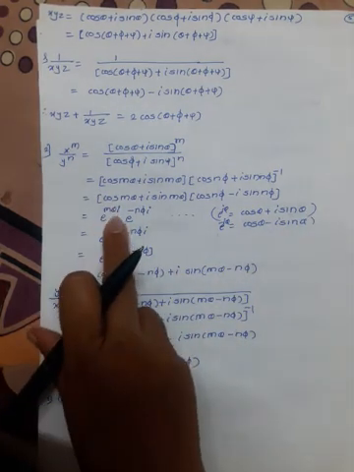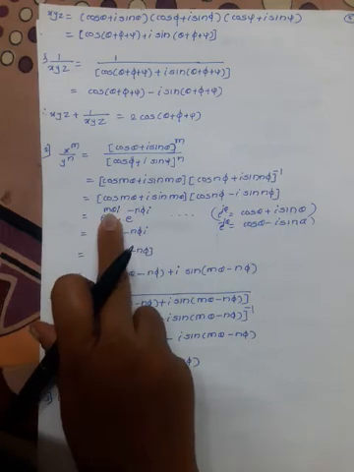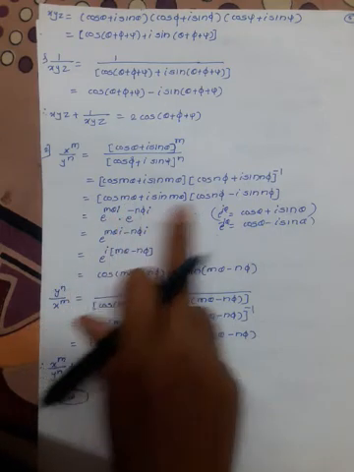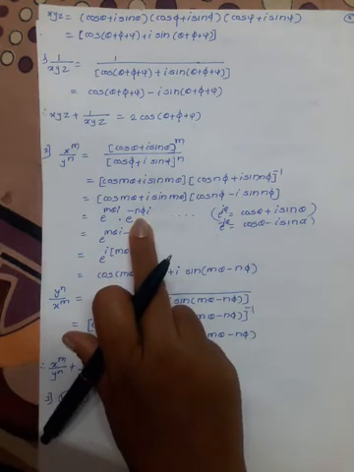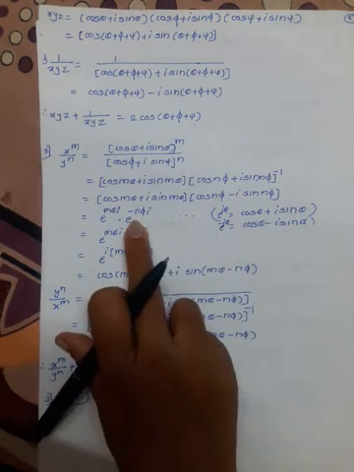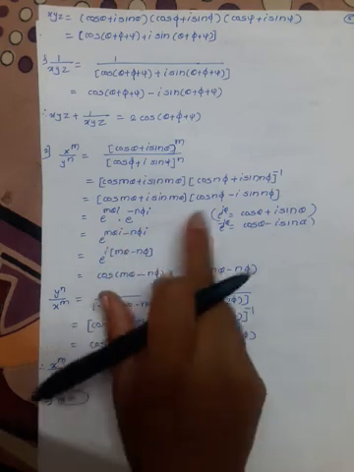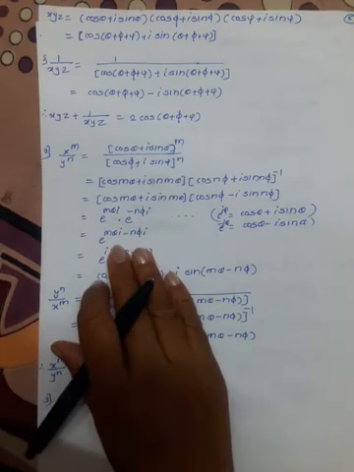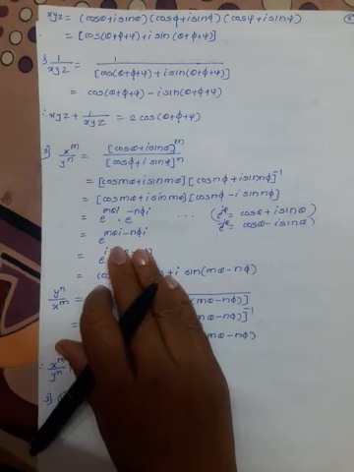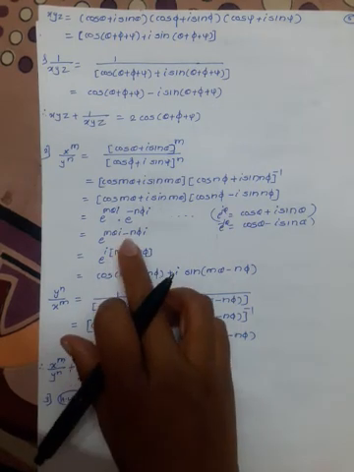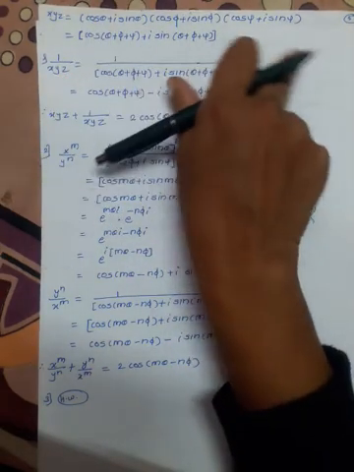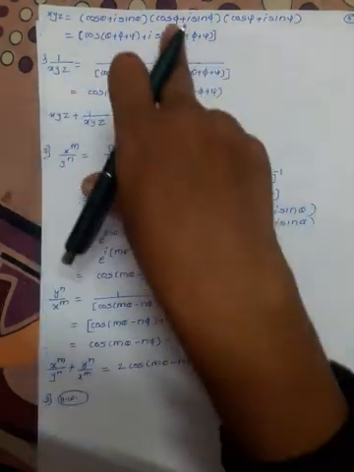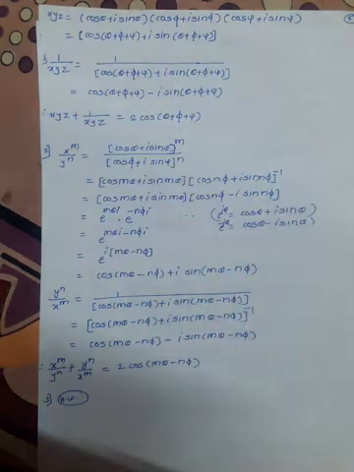It becomes e raised to i into this angle m theta, into e raised to minus i into this angle n phi, using these two results. Now the base is the same. Once you reduce to exponential form, it is very easy to simplify. Here also, if you forget this result, you can use this exponential form, no problem.